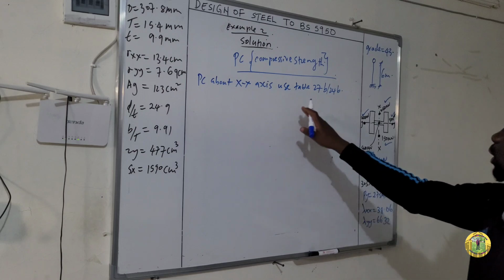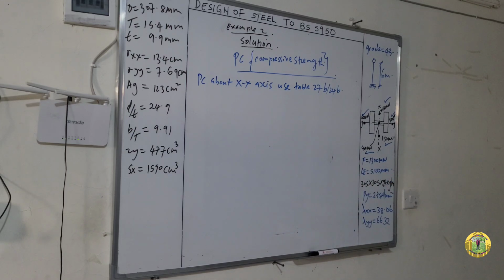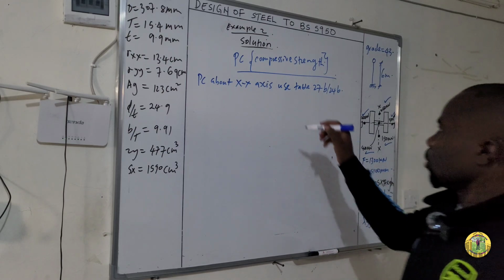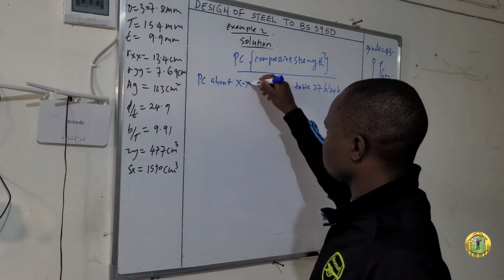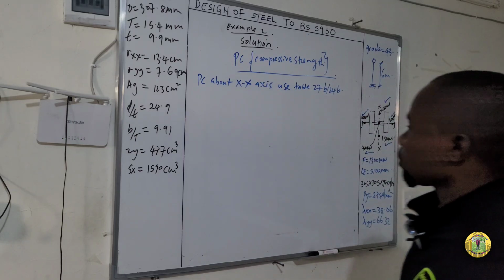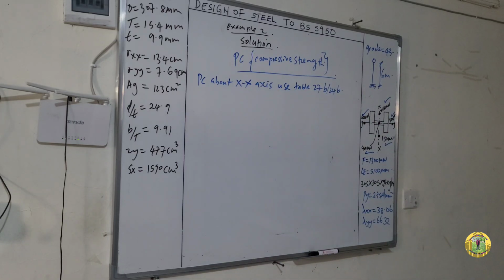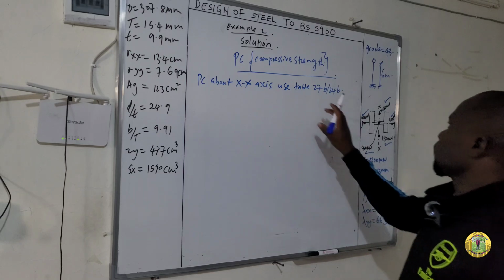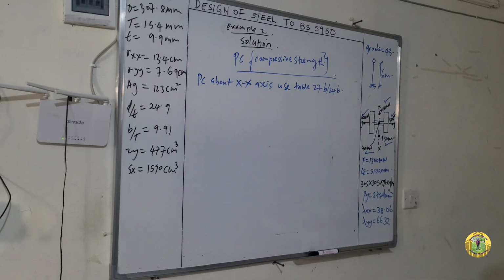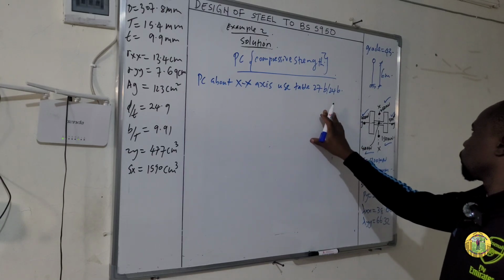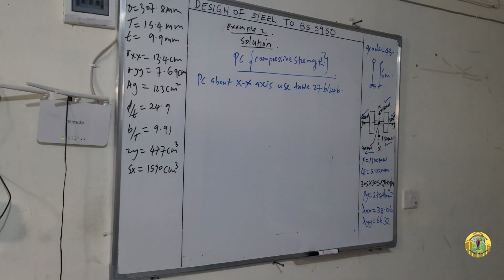So this is the buckling about the XX axis. So I think you know how to read this table, because I've already shown you in example 1. Nevertheless, I will show you again, but I will be as fast as possible.